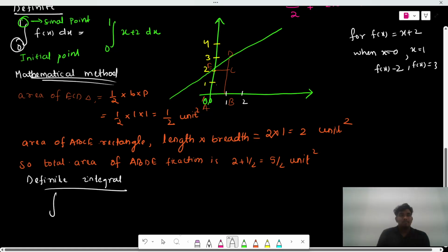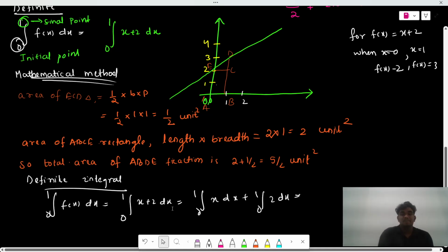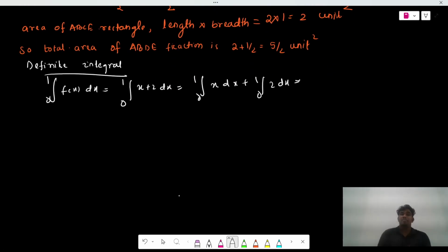The integral from 0 to 1 of f of x dx, in place of f of x I can use x plus 2 dx. So here I can separate it into the integral from 0 to 1 of x dx plus the integral from 0 to 1 of 2 dx. We know that in definite integrals we don't have to use the constant. The integration of x is x squared by 2, with initial point 0 and final point 1, plus 2x.